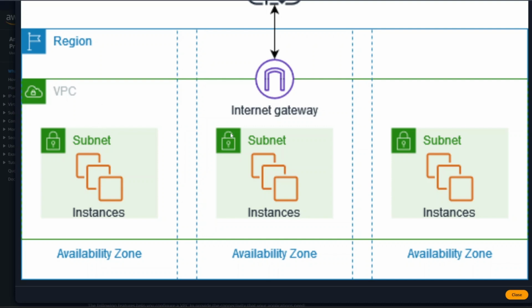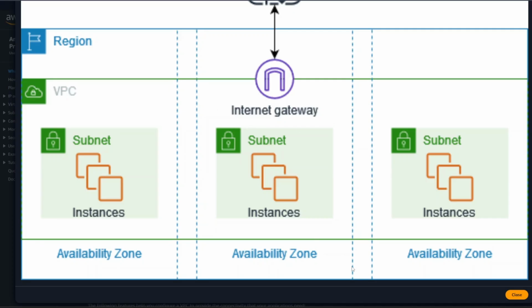On the other side, if the subnets are private, the instances are accessible within the VPC IP range. So I hope you get the basic understanding of the VPC architecture and how it works.